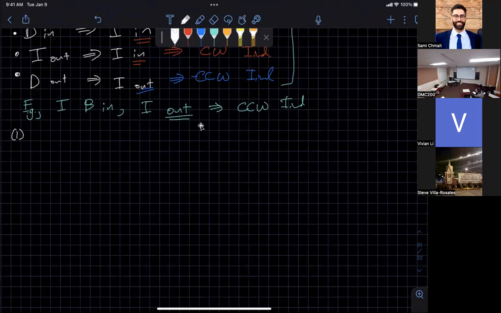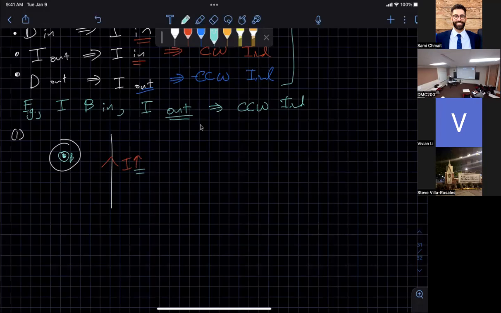Okay, so in scenario one, we have this loop here. We have a wire and we know the direction of current right here, and we know it's increasing. So I is increasing. If we do a right-hand rule, we can determine the direction the field is pointing. You put your thumb on the wire, curl it, and within the circle we have a B field that's pointing out. I is increasing.